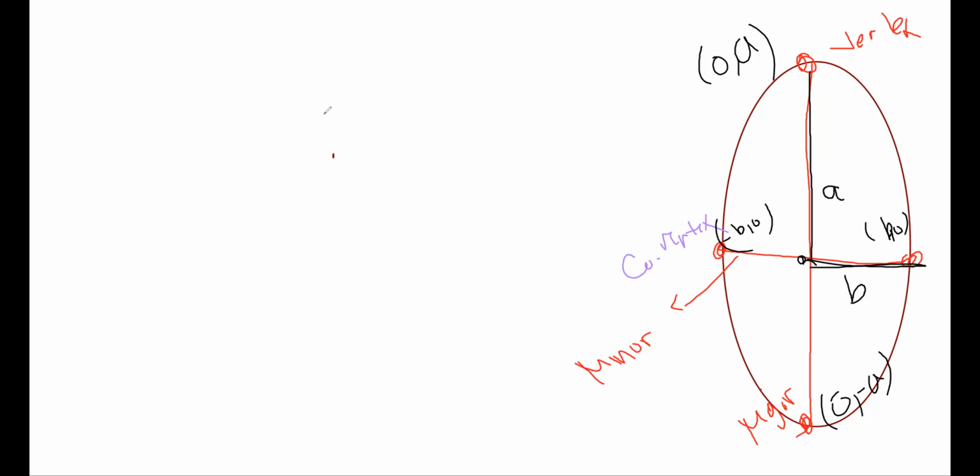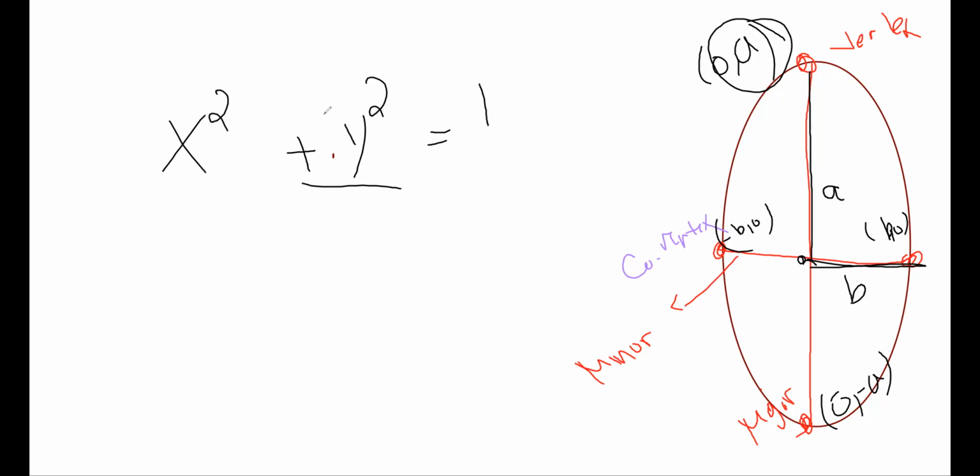Now, what will the equation be? Both of them have X and Y. If the vertex of the major axis is on the y-axis, then A will be under y, and B will be under x.